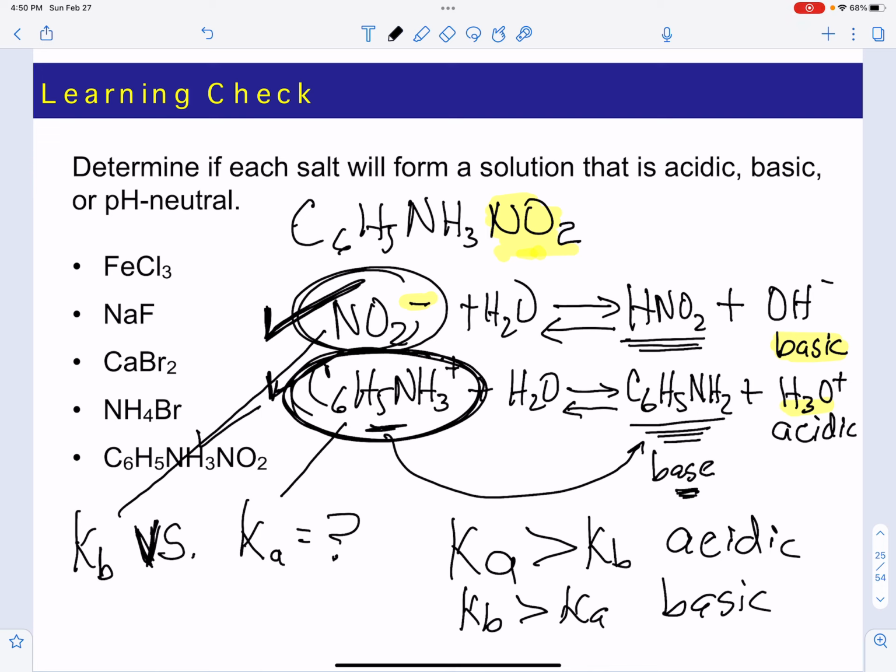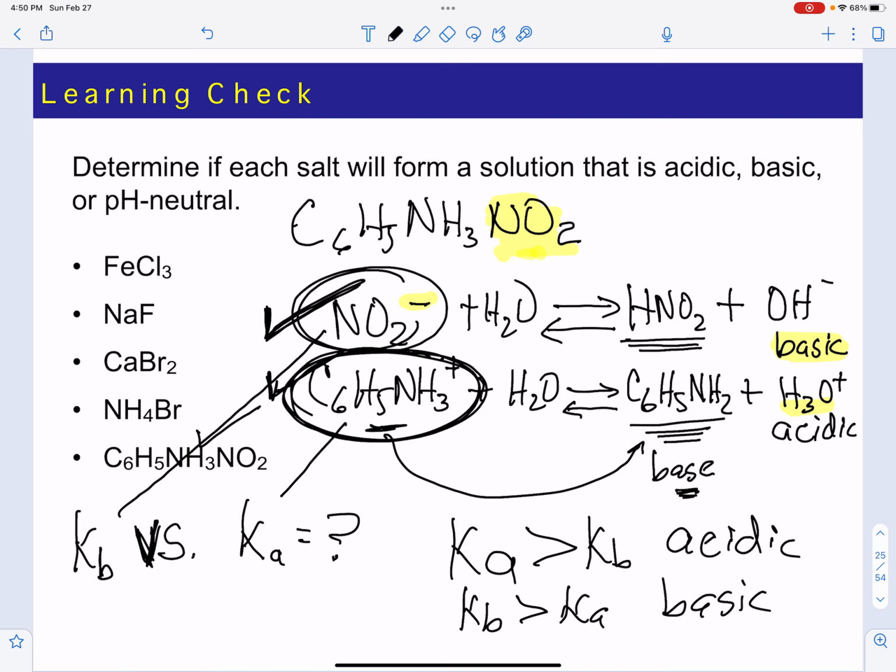So make sure you practice this. At first, it appears to be very complicated. It's not really that complicated. So go to the book, read it at your own pace, and you will see, as long as you are good at identifying the strong acids and strong bases, as long as you can recognize an equilibrium, as long as you are already comfortable dealing with Kas and Kbs from the beginning of the chapter, you should be able to understand this.